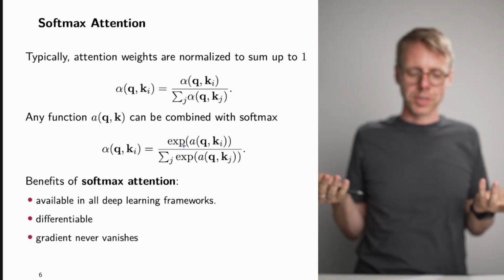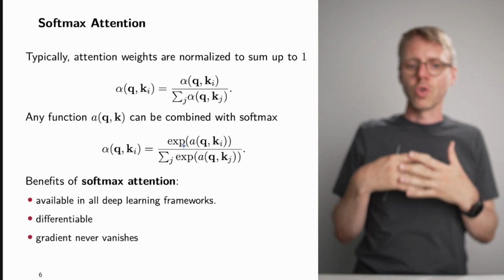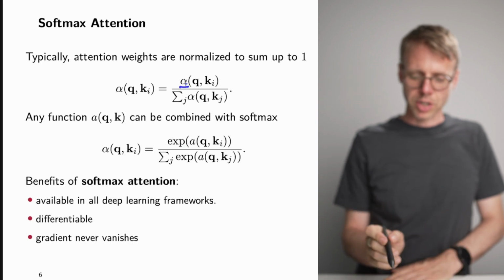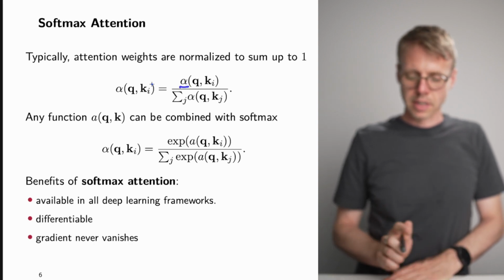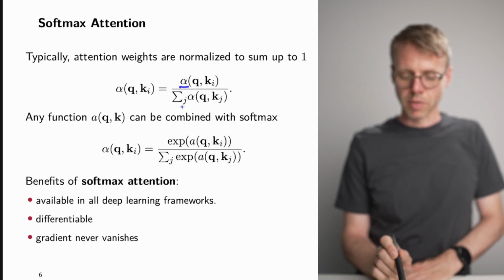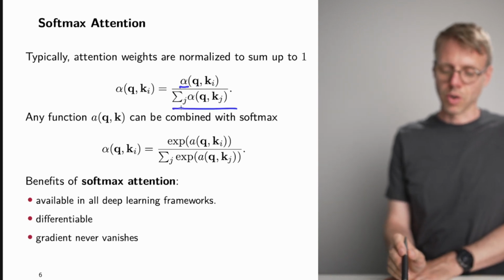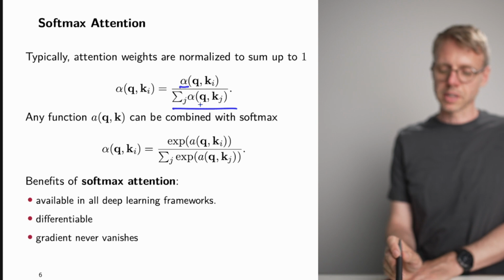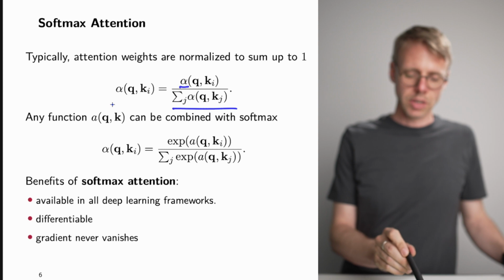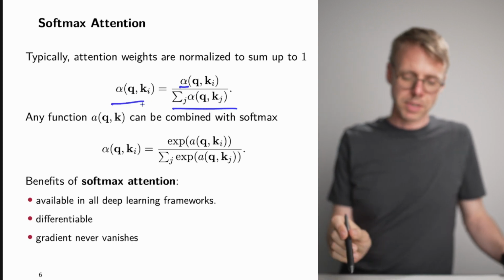If we want all those attention weights to sum up to 1, we can achieve this by normalizing them. So for example, we can take any function alpha that we define on the queries and the keys, and by dividing through the sum of all those alphas, so basically alpha applied to all the keys, we achieve a new alpha that is normalized, that sums to 1.